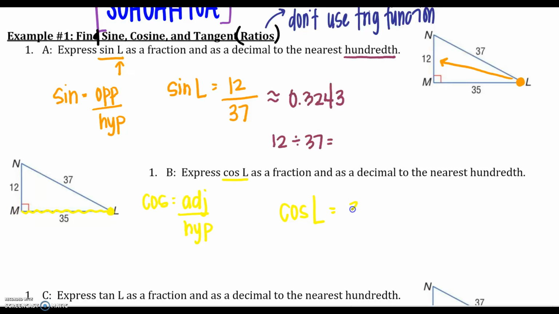So that would be 35 over my hypotenuse, which is 37 again. Remember, it's across from that right angle. So I'm going to simplify that fraction. If I can't simplify, I'm going to go ahead and make it a decimal. And again, you're not pushing the cosine button. You're just saying 35 divided by 37 because I just need the ratio.